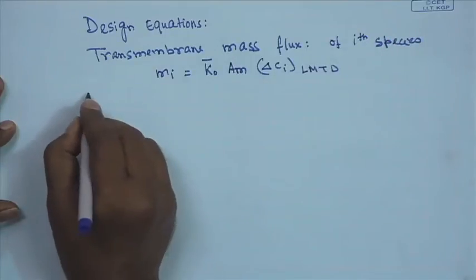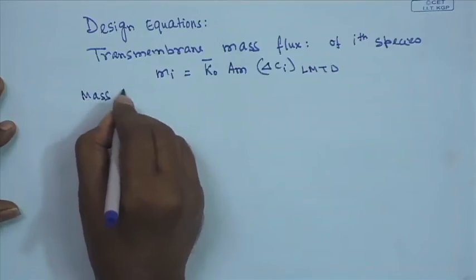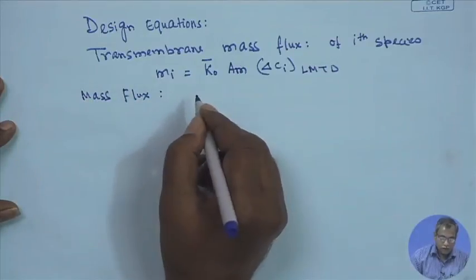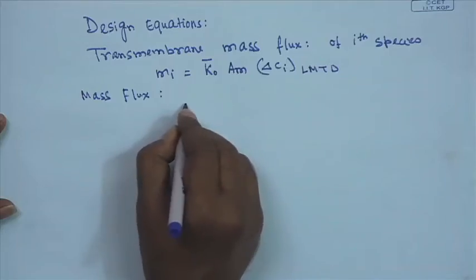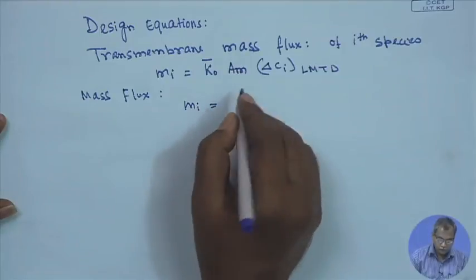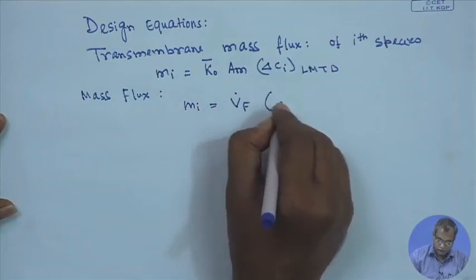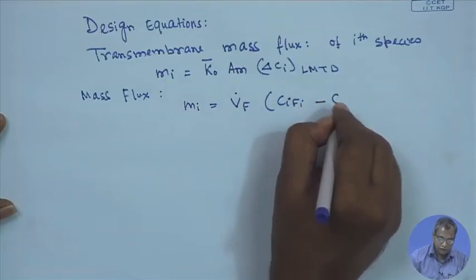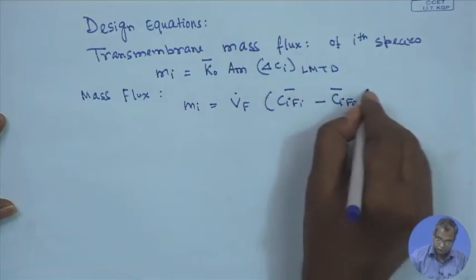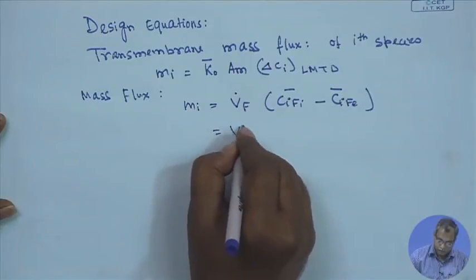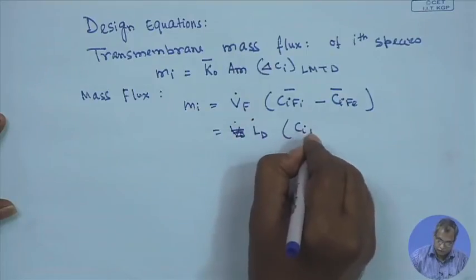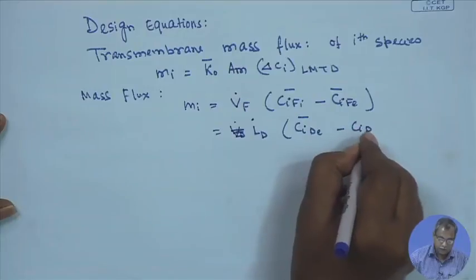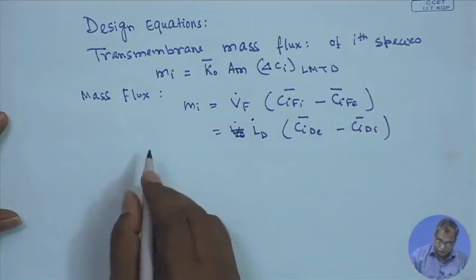Okay. Then mass flux can also be presented as whatever the mass that has gone from the feed side to the dialyzed side, the dialyzed side will be getting that amount. So, at the steady state, m_i will be nothing but V_f dot (C_i f_i minus C_i f_e bar) equal to V_d dot, we call it L_D dot, (C_i d_e out minus C_i d_i in).